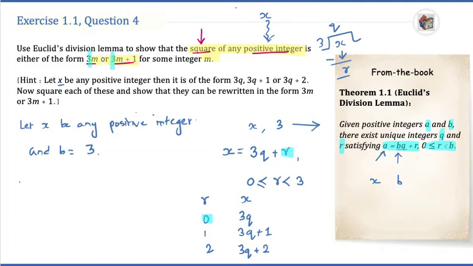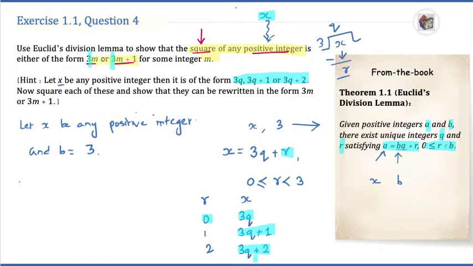So this is what the hint was that the book was giving us, but we had to really understand how to get till here. Now finally we have gotten till this stage that any positive integer in the world can be expressed in one of these three forms: 3q, 3q plus 1, or 3q plus 2.